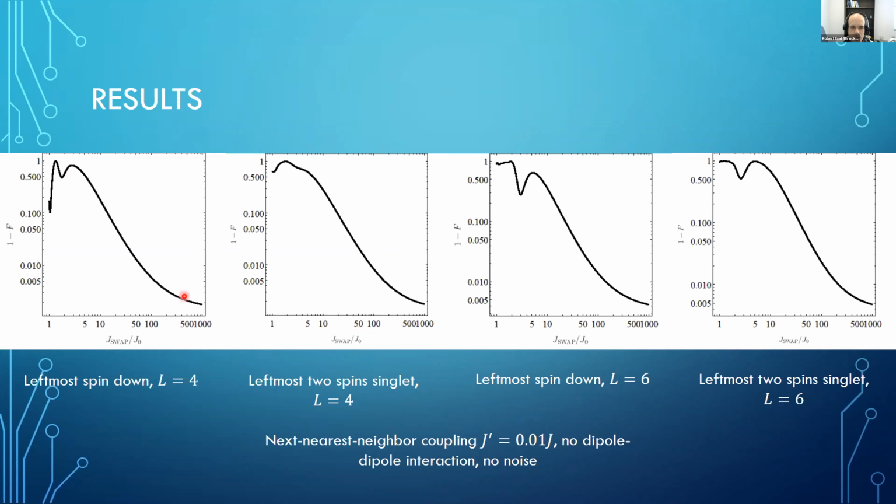Now you can see that for large values of J swap, we're no longer going to arbitrarily small infidelities. The infidelity is actually saturating, or it appears to be saturating. The reason is that when we increase the nearest neighbor coupling to perform the swap operation, we're assuming that the next nearest neighbor coupling is also going up in proportion, involving the 2 spins being operated on.